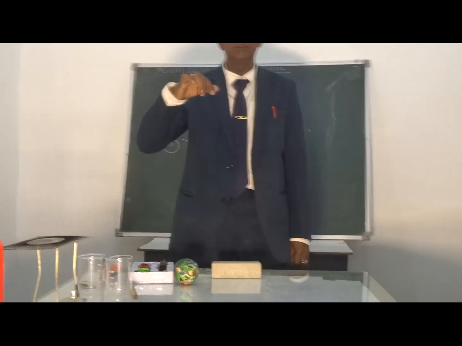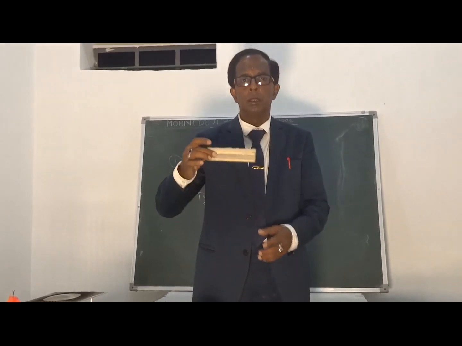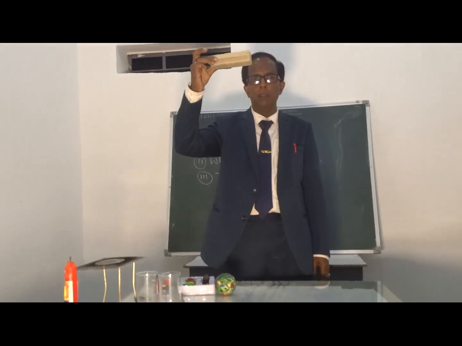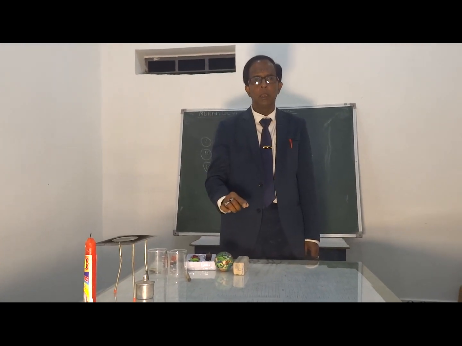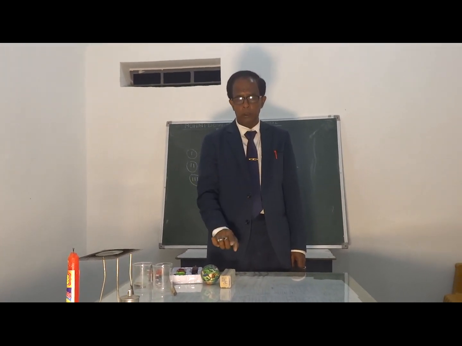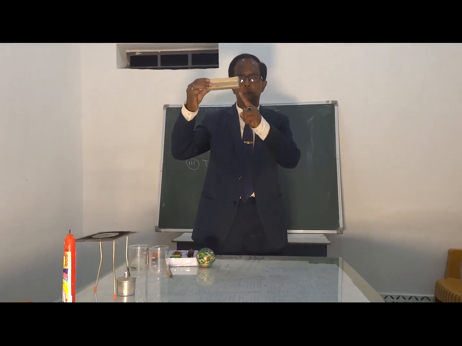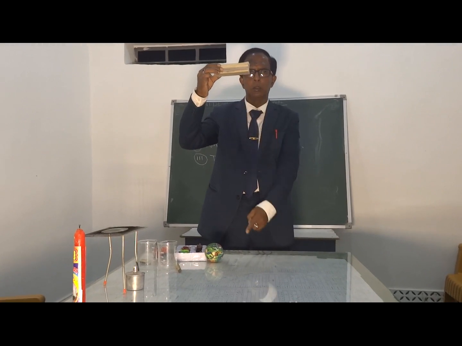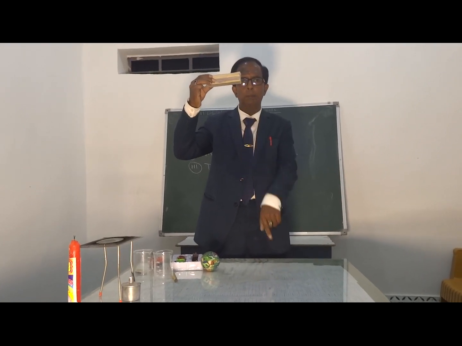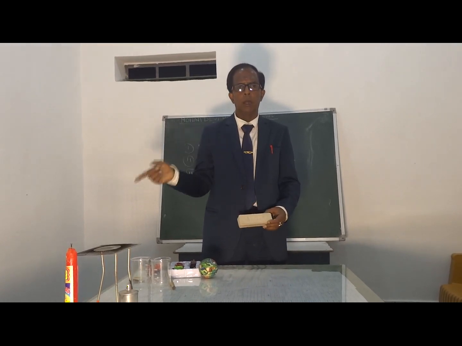What is the reason? The duster is falling down because some force is acting on this duster, but there is no contact between the duster and the force, and that force is the gravitational force of the earth.